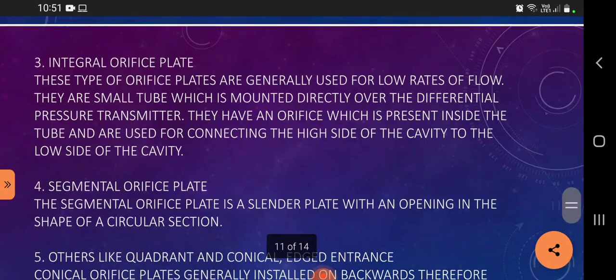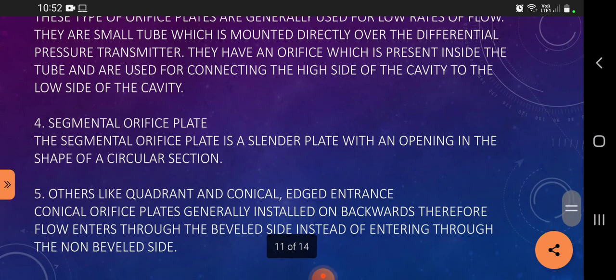Integral orifice plate: this type of orifice plate is generally used for low rates of flow. They are small tubes which are mounted directly over the differential pressure transmitter. They have an orifice inside the tube and are used for connecting the high side of the cavity to the lower side of the cavity.